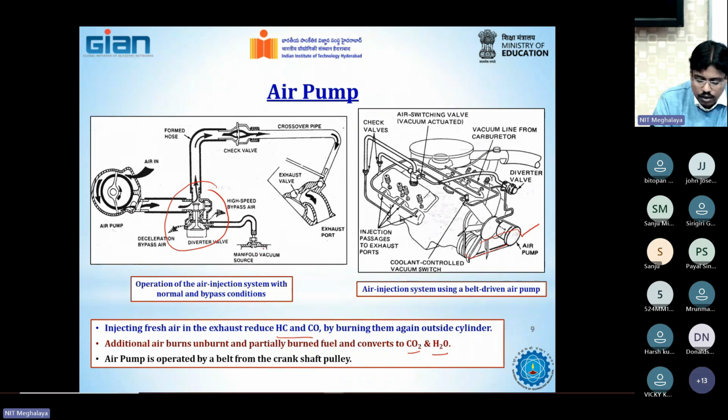When the engine is operating in the deceleration condition, there will be high manifold vacuum. From this high manifold vacuum, air will pass in this direction and close this valve. So the air from the air pump, which is supposed to come in this direction to the manifold, is stopped here with the help of this bidirectional valve. This bidirectional valve is also required to safeguard the engine from backfire.